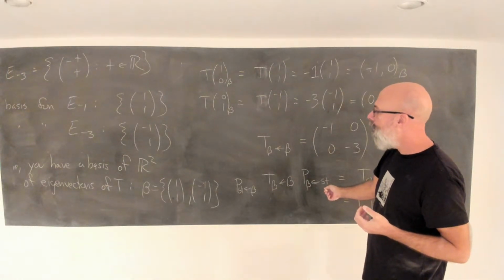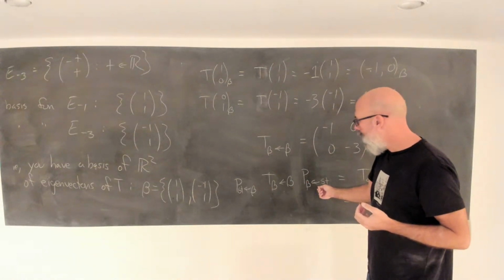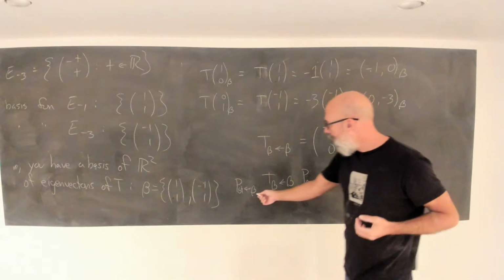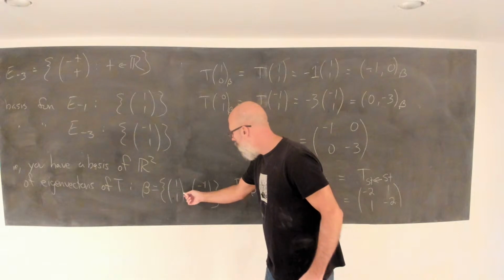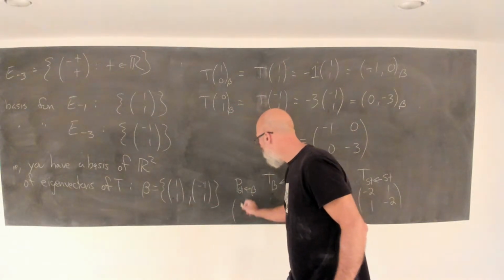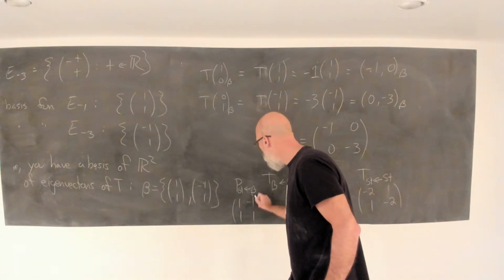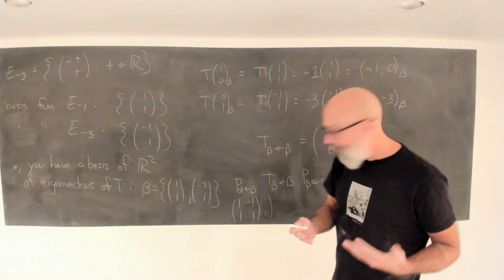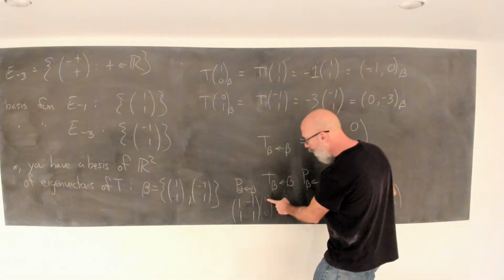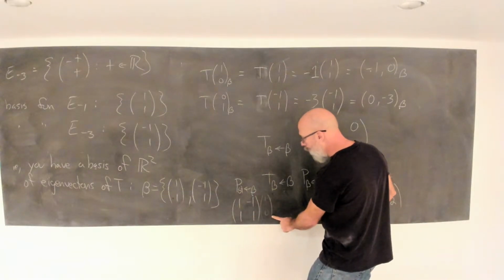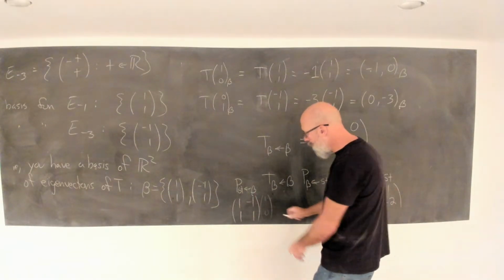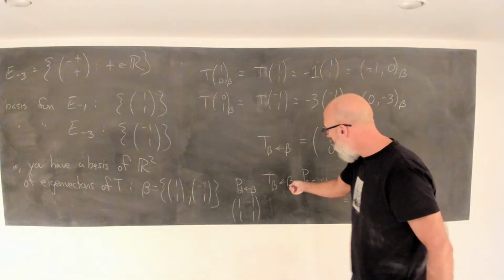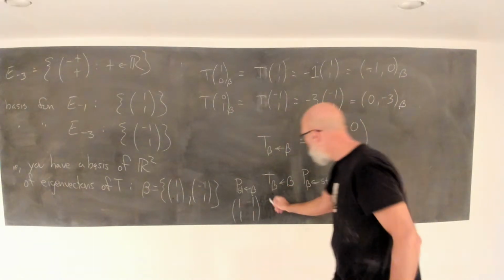And here, a representation from standard to B, actually B to standard, is the matrix 1, 1, -1, 1. When you multiply by 1, 0, you get the vector 1, 1. So it sends B to standard. That's exactly what you want. And this is that.